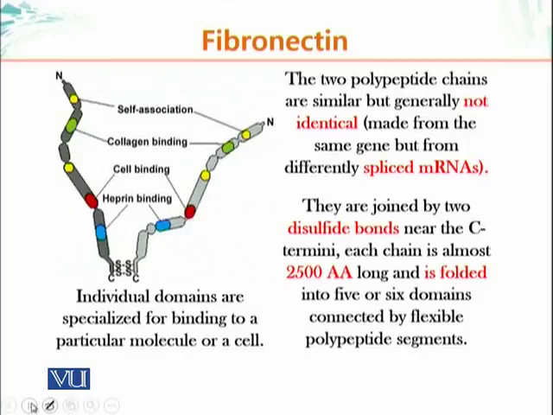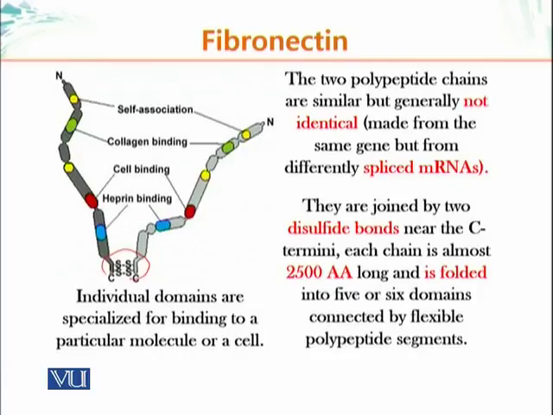The two polypeptide chains are similar, but they are generally not identical. They are made from the same messenger RNA, which is spliced alternatively, generating two different forms of fibronectin. I've already mentioned that disulfide bonds hold these two units together.